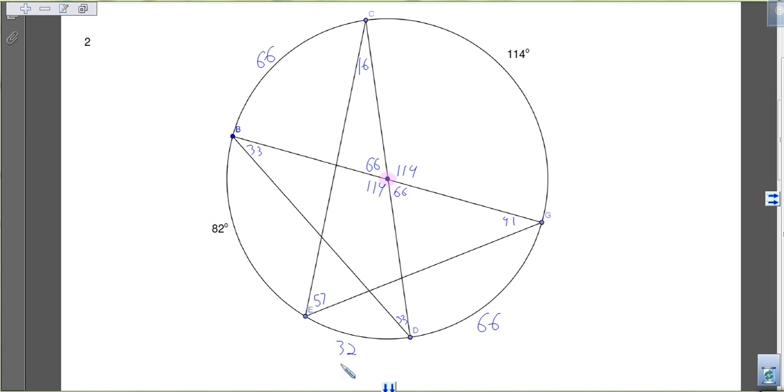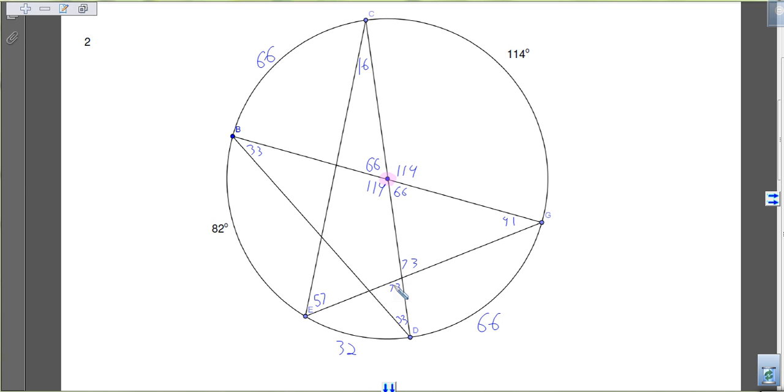Now to get the rest of the angles on these inside, I'm just really going to use my triangles. I'm not going to write down all the values because I know that once we get one, we should be able to get the rest. But I'm really just walking through this. So I know that those two plus this one had to add to 180, so I subtract to get 73.